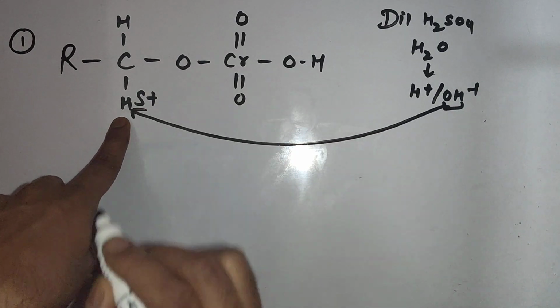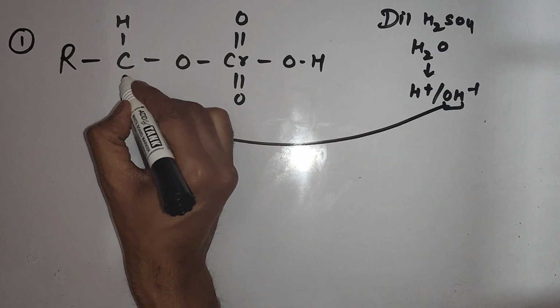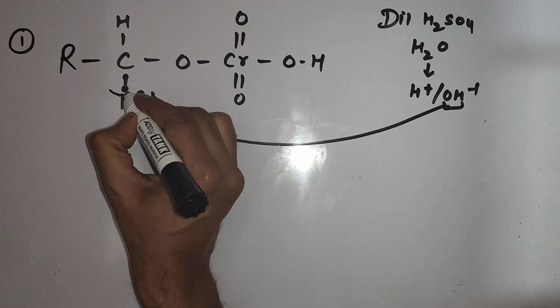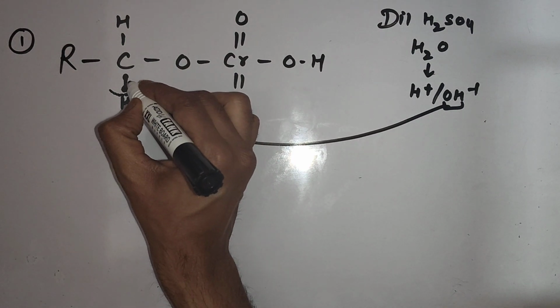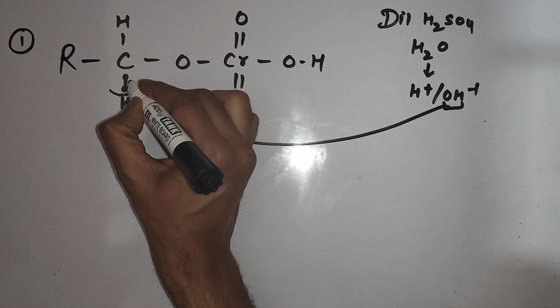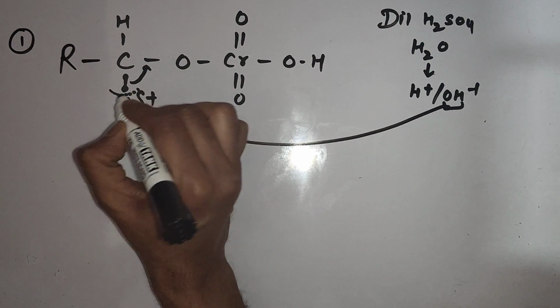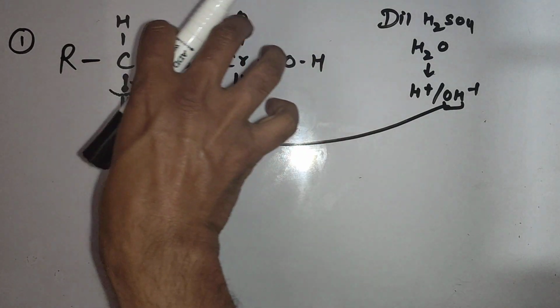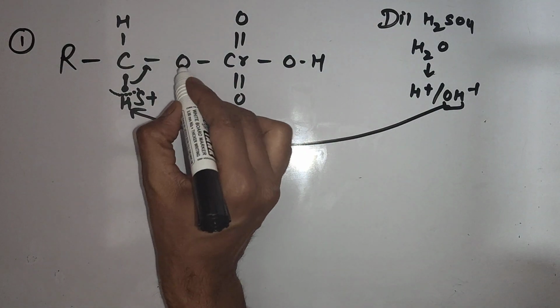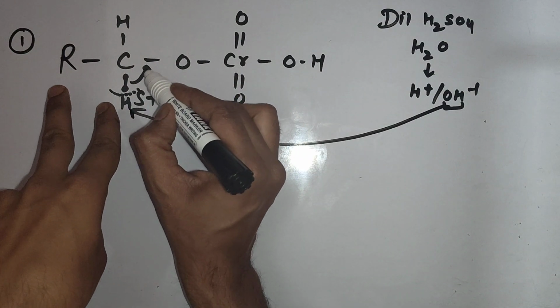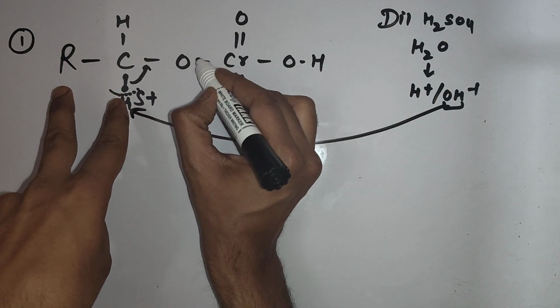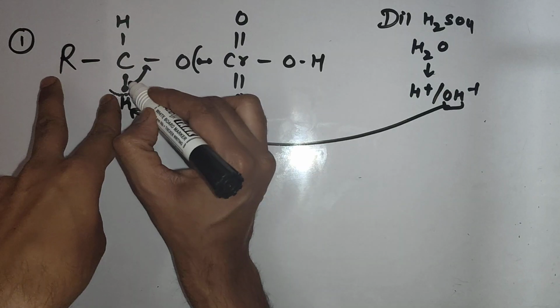So this attack is possible, due to which the bond between carbon and hydrogen will break. And obviously these electrons will get shifted toward the oxygen side for the bond formation, because this part is an electron attracting part, and oxygen is stable with two bonds. So if this bond is going to be generated over here, this bond will break.